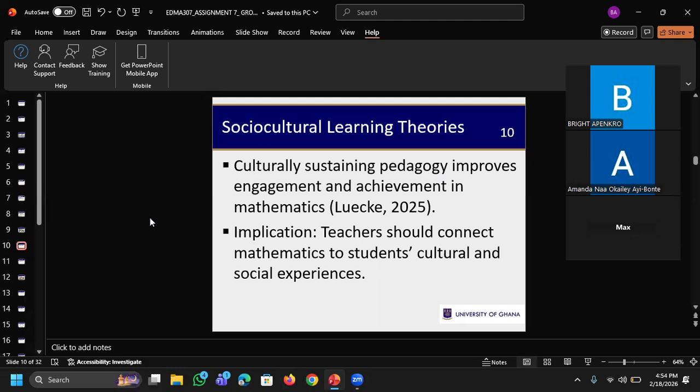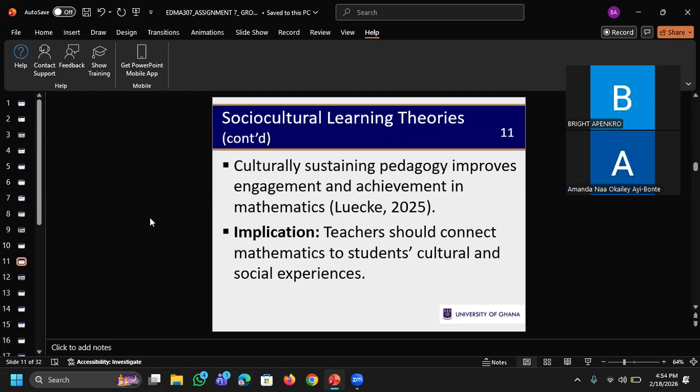If you have a stable culture, then this knowledge and heritage can be passed on safely. And what are the implications? Teachers should connect mathematics to students' culture and social experiences. We need to make sure that whatever we are learning in the classroom, we relate to what the students are most comfortable with in society and their cultural experiences as well.